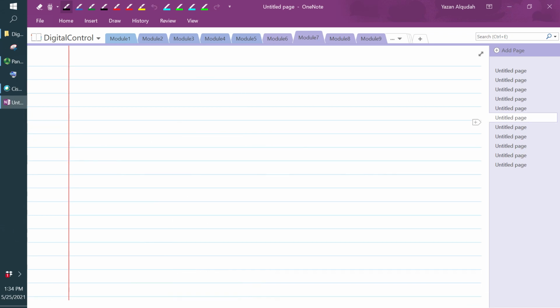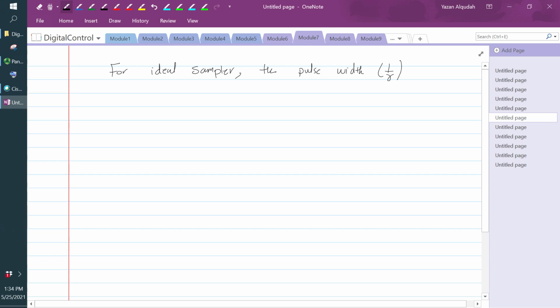Okay, so again, if I consider the ideal sampler, the pulse width, which is 1 over gamma, is much smaller than the sample period t.